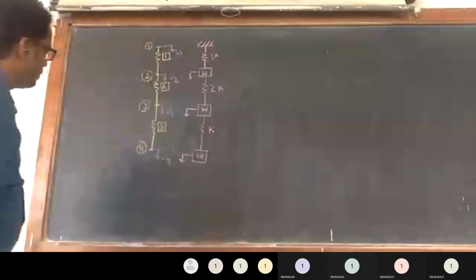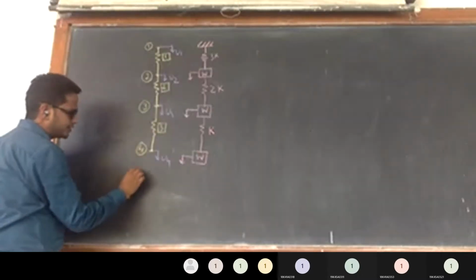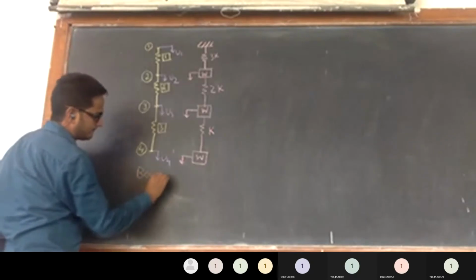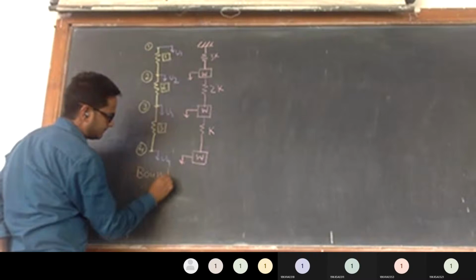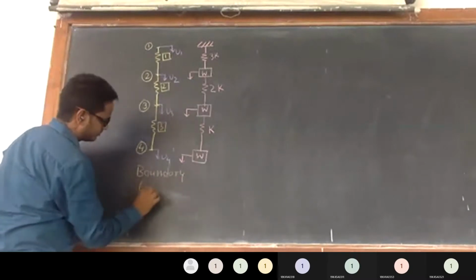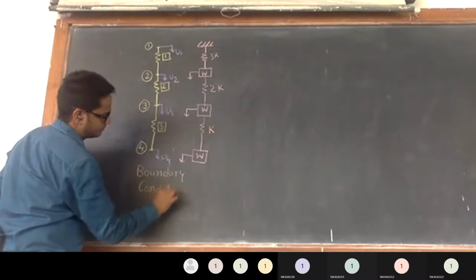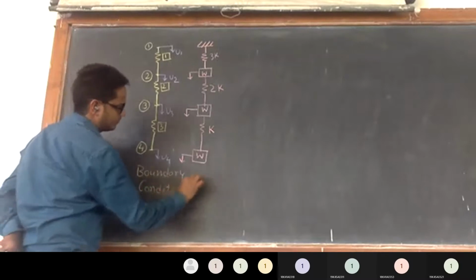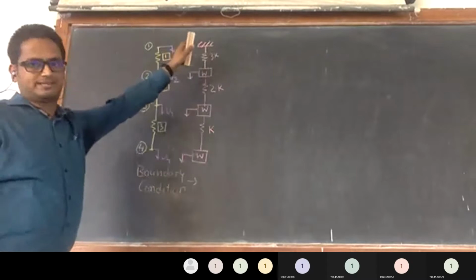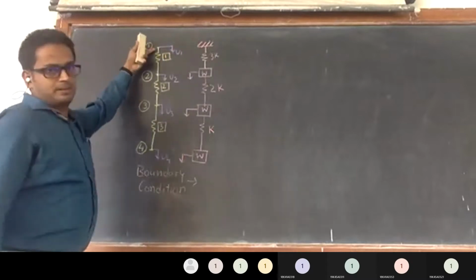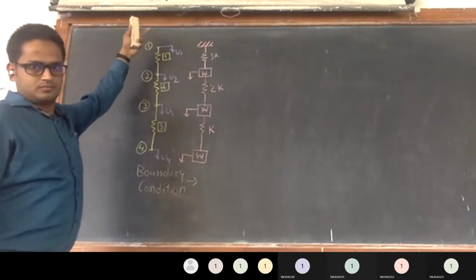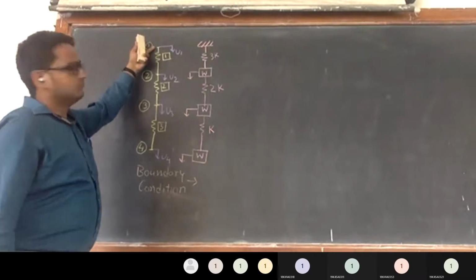I will write here the boundary condition: this end is fixed, node number 1 is fixed. So displacement at this location will be equal to 0.